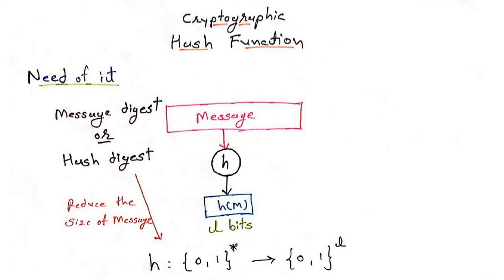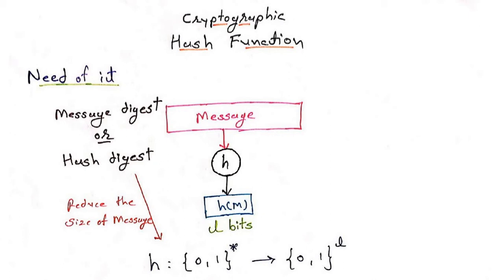And in our second session of information and network security, we discussed cryptographic hash function. Same way, we started with the need of cryptographic hash function. So what is the need? Whenever any sender is sending data towards the receiver, it means the sender is transmitting a message into the communication channel.